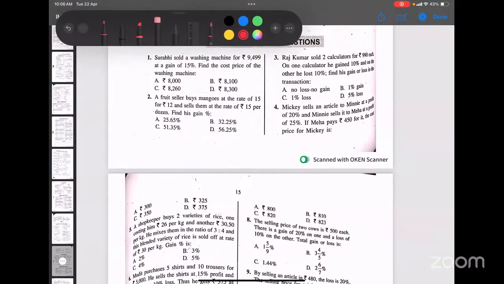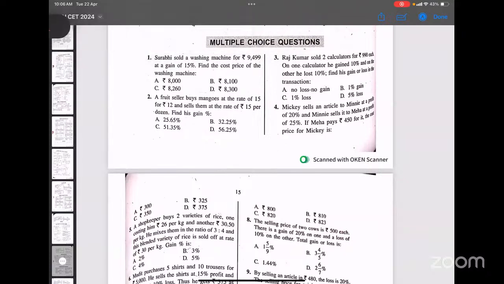Solve question number 3. It states that Rajkumar sold 2 calculators for rupees 990 each.